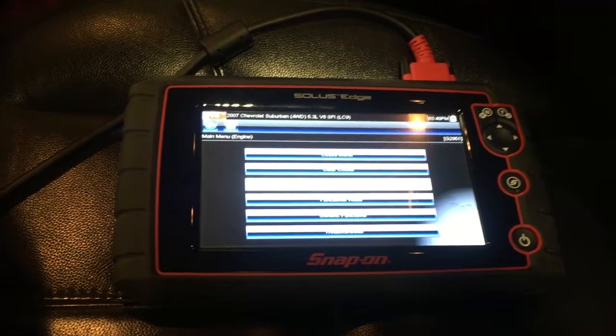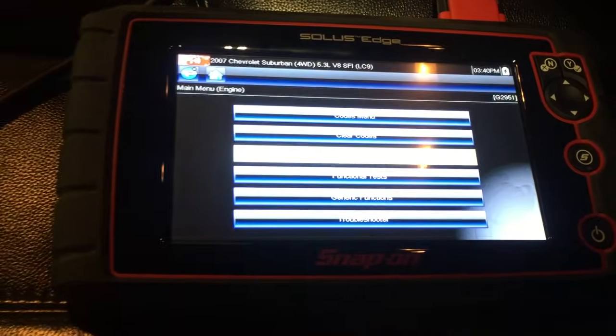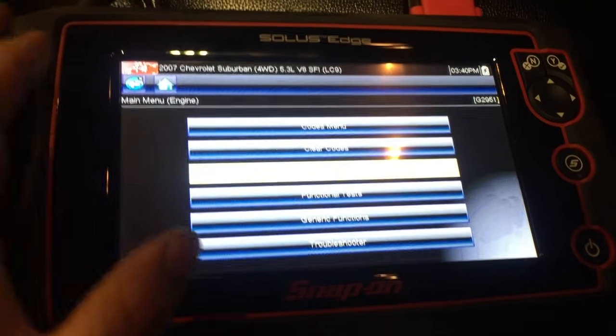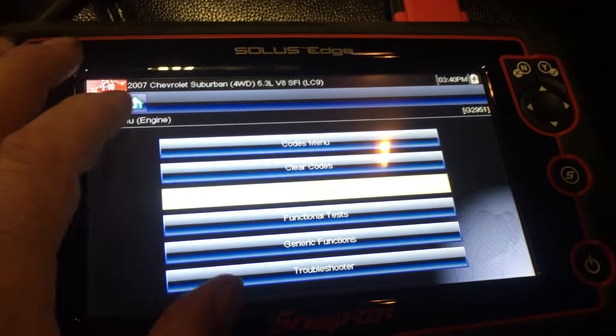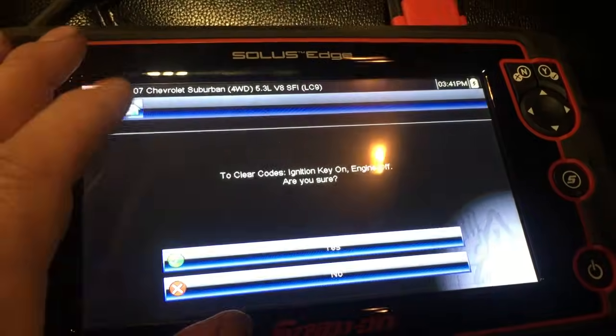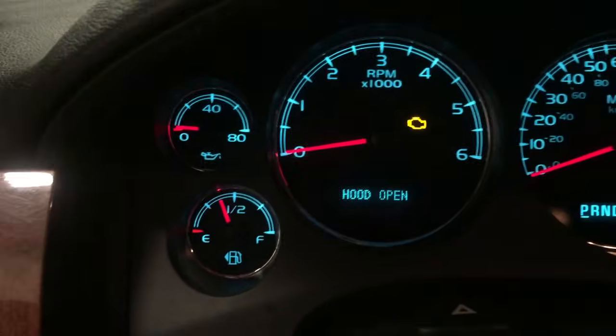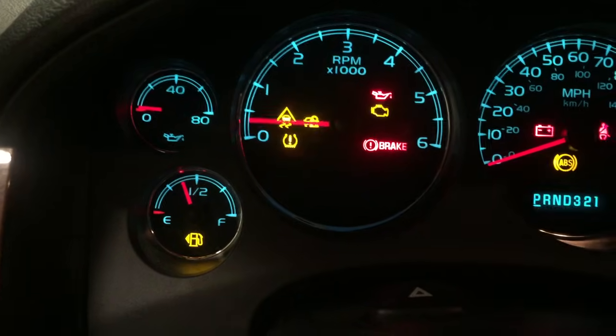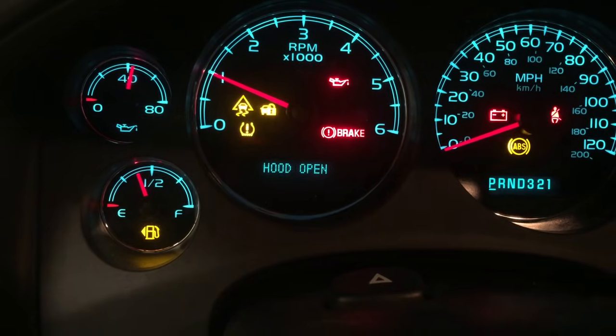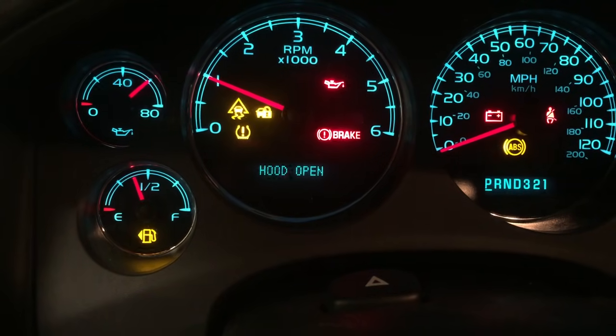Okay, once you've reinstalled the filter and the sender, tightened that down and reconnected the connector and your hoses, go ahead and clear the codes. Let's go ahead and start the engine and verify the repairs. Normal pressure reading on the dash.